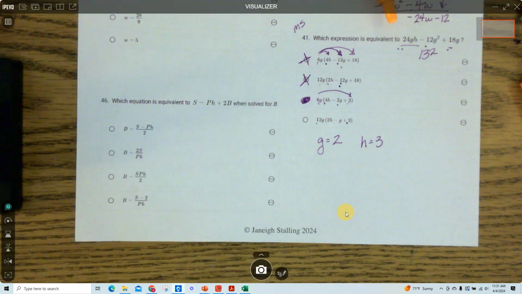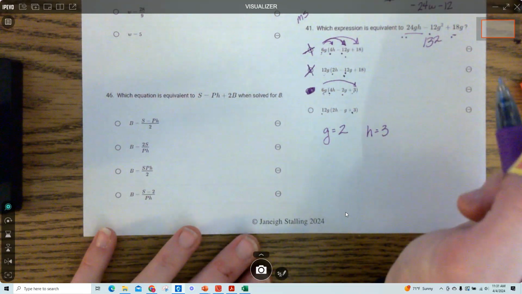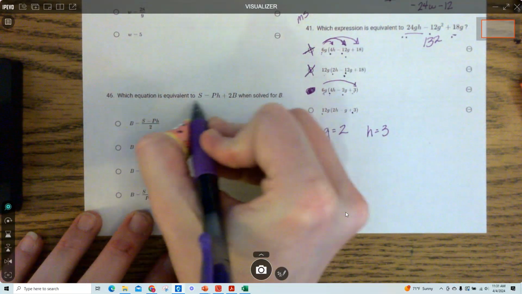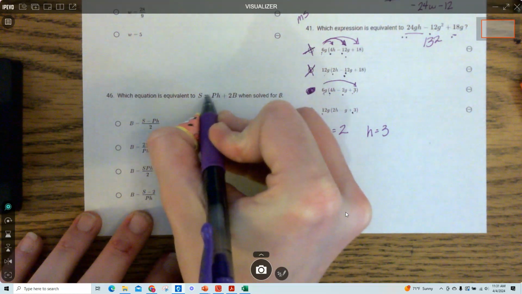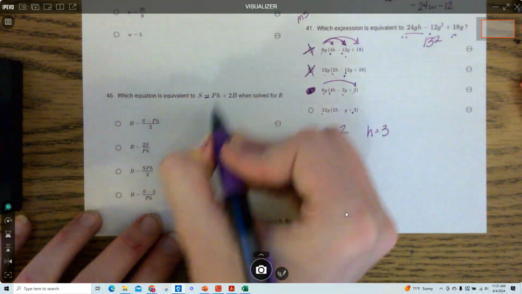That's a guess and check option. All right. Last one, 46. Who's explaining this one? The Gracie. All right, Miss Gracie. Which equation is equivalent to S equals pH plus 2B when solved for B? So, you have to get the B by itself. Mm-hmm. So, you got to go minus the pH.